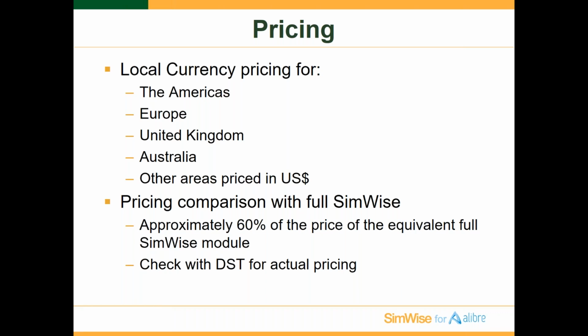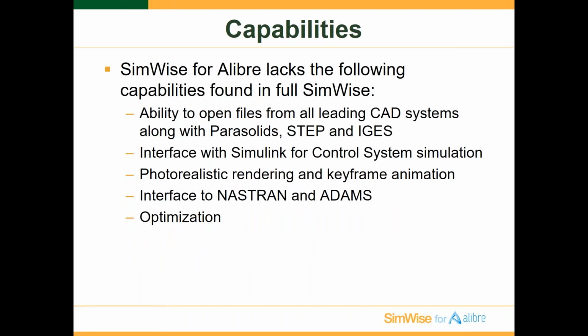Now, SimWise for Alibre is a special version of SimWise, and we've tried to price it closer to where the Alibre CAD product is priced, and it's basically 60% of the price of the equivalent full SimWise model. And of course, check with us for actual pricing.